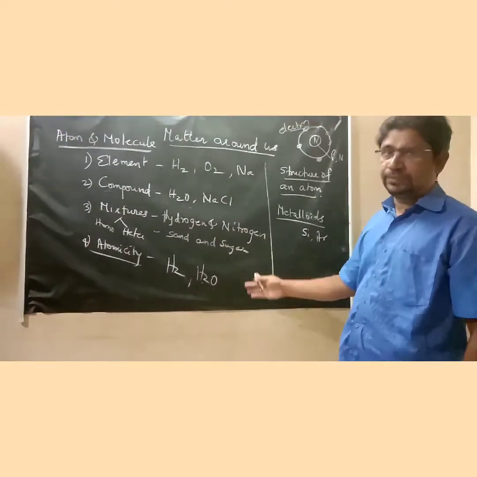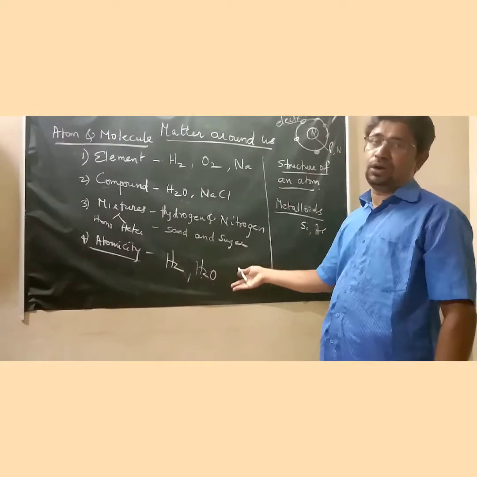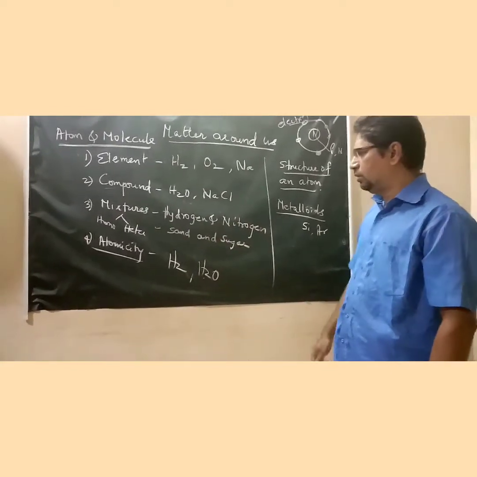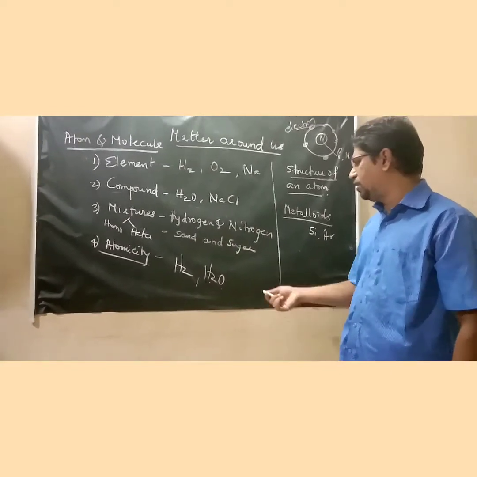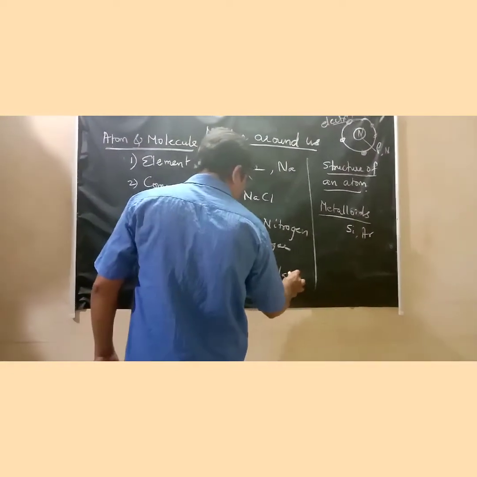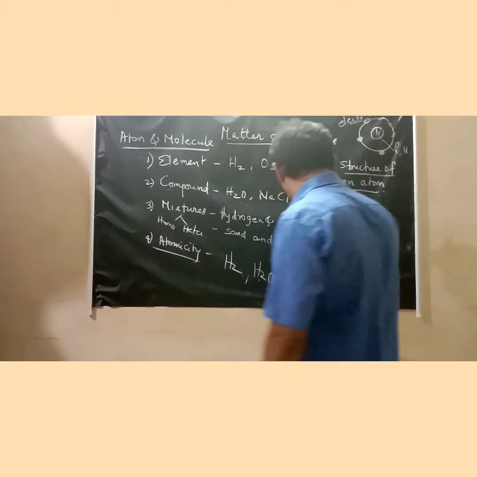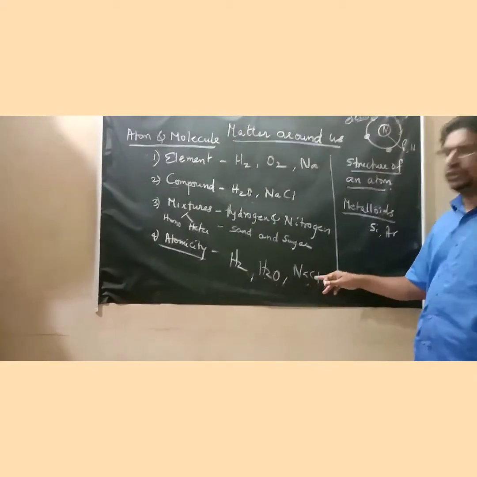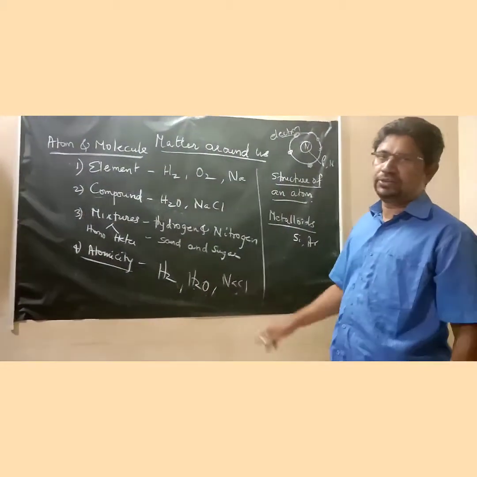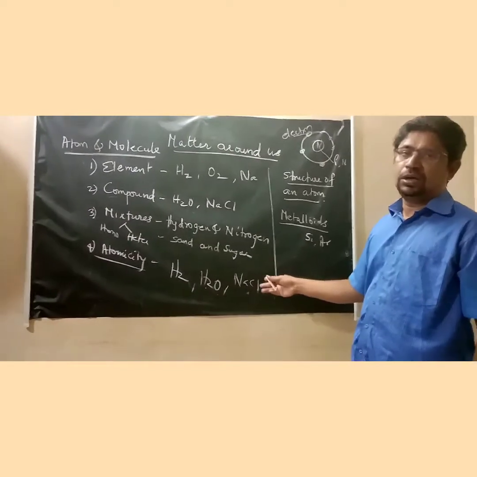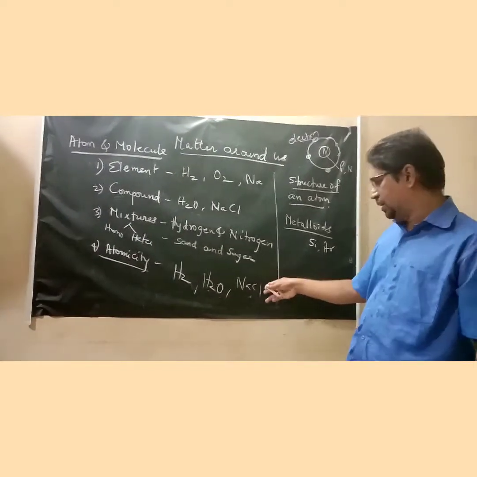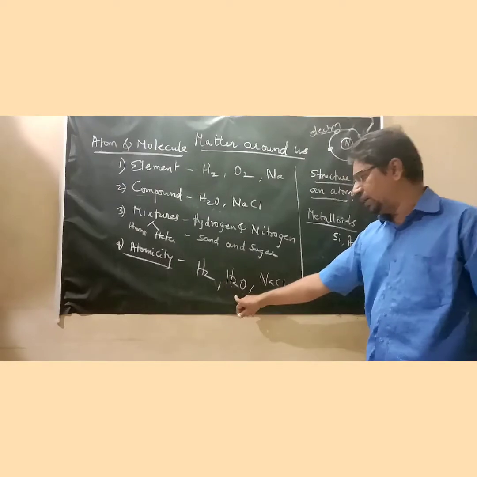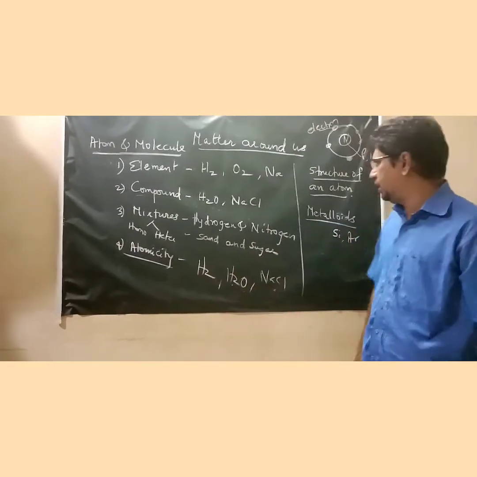We can find atomicity using the formula. For example, NaCl means one atom of sodium, one atom of chlorine, mixed together we get sodium chloride. So the atomicity is 2 for sodium chloride. Here atomicity is 3 for water. Here atomicity is 2 for hydrogen.